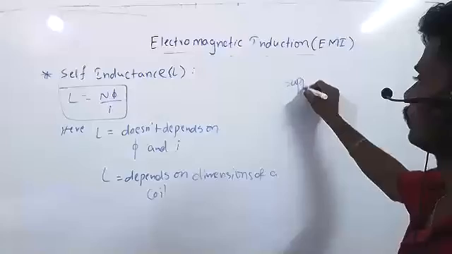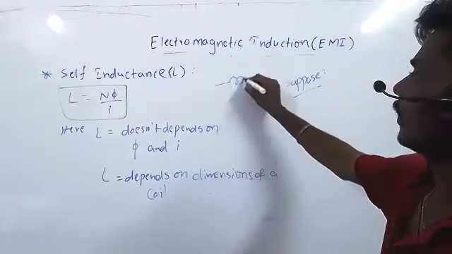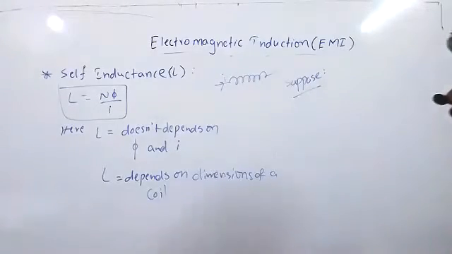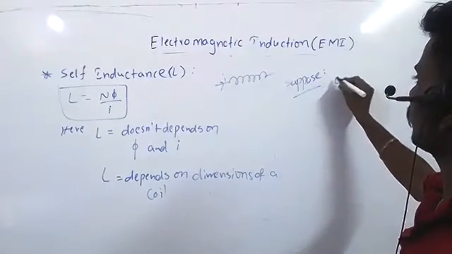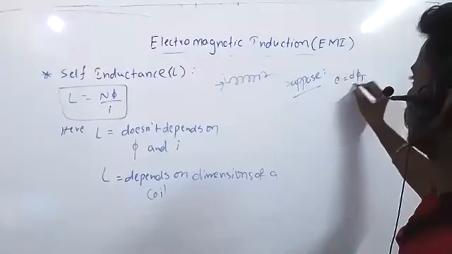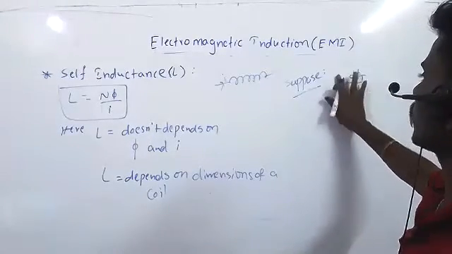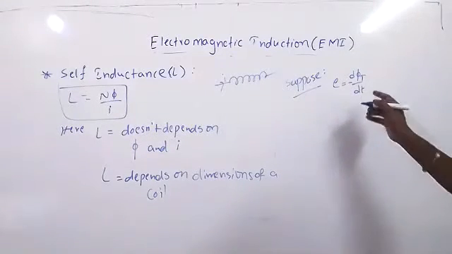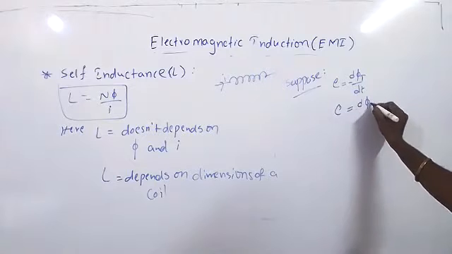Suppose in the coil we have discussed, current I is passing through this coil. So magnetic flux is changing, so EMF will be there. That EMF is equal to d phi t by dt, and its direction is opposite to the original EMF or original current. In magnitude form, if you write, E is equal to d phi t by dt.